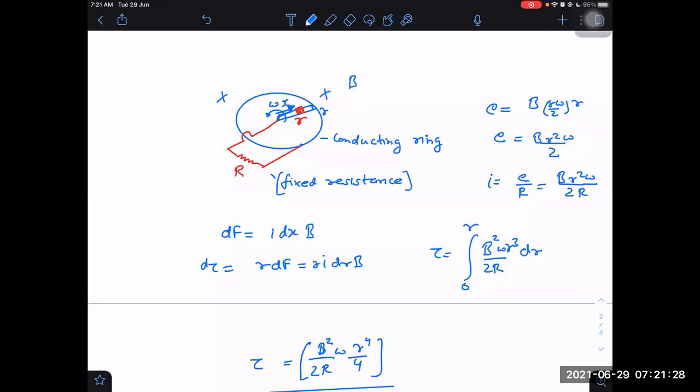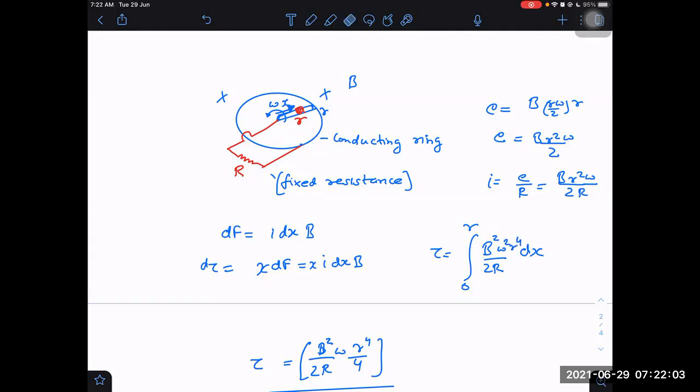I into dx into b, and then x into dF, and this will become I into dx into b multiplied by x. Right? Now I understood what the mistake is, because it was constant here and this x is variable here, and that was b square omega square r raised to power 4.